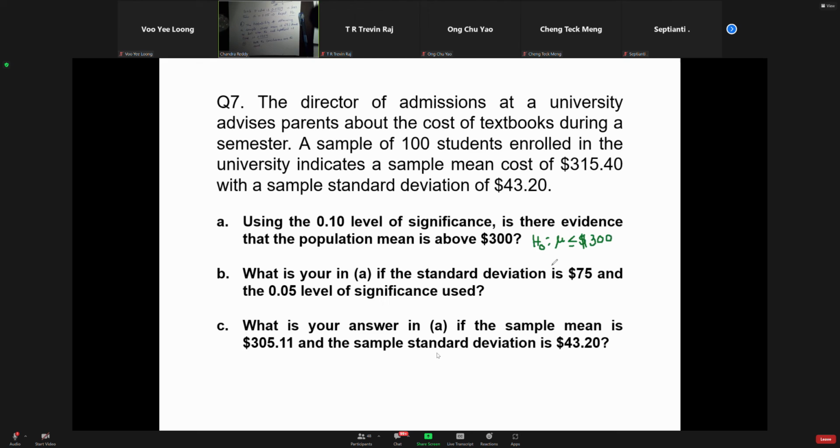Alternate hypothesis: you can write the alternate hypothesis as population mean is greater than $300.